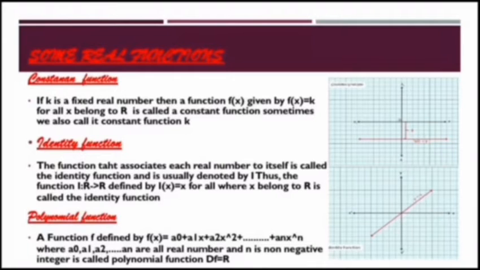Its graph is a straight line passing through the origin and inclined at an angle of 45 degrees with the x-axis. A function defined by a0 plus a1x plus a2x squared plus up to anx to the n, where a0, a1, a2 and an are all real numbers and n is a non-negative integer, is called a polynomial function.